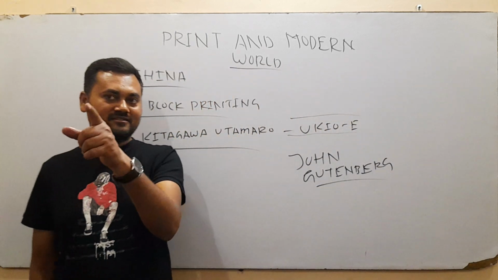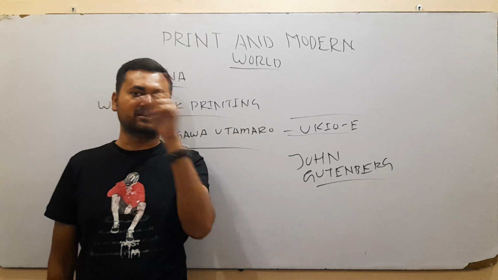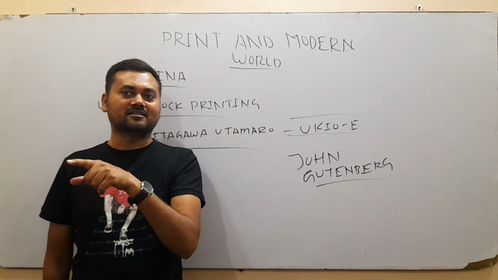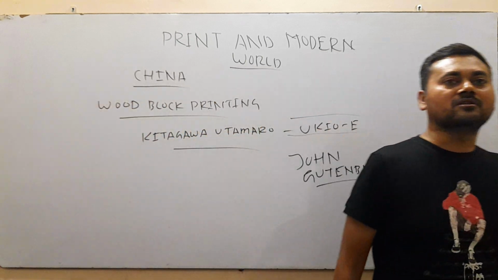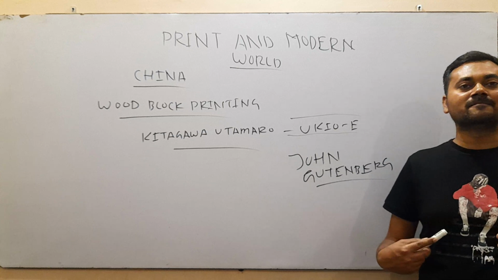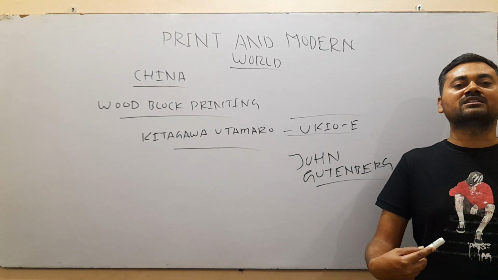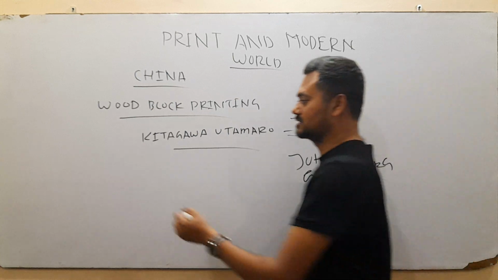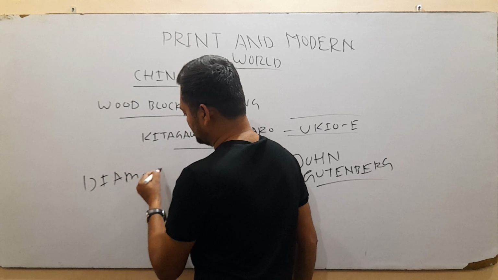And when these Chinese missionaries went to Japan, at that time in Japan there was a book printed based upon the Buddhist religion. The name of that book was Diamond Sutra.